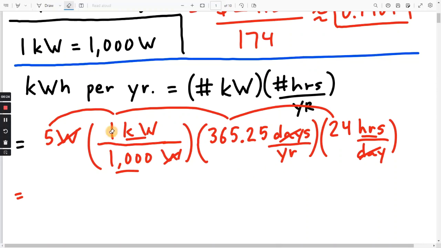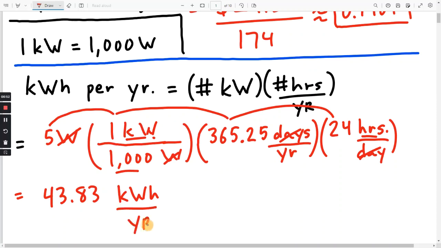Still the same numerical calculation: 5 times 1 times 365.25 times 24 divided by 1,000. And I get 43.83. In the numerator, I had kilowatt hours, and in the denominator, I had years. So we're using 43.83 kilowatt hours per year.